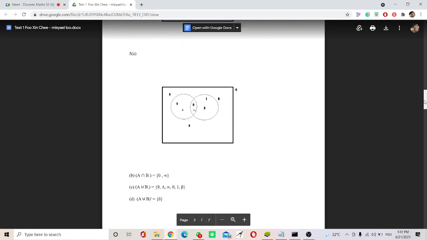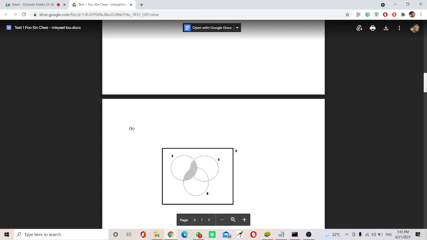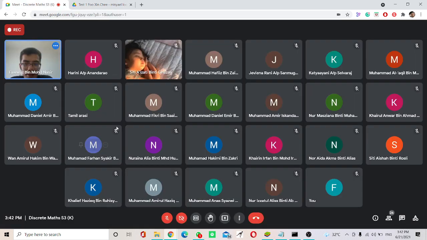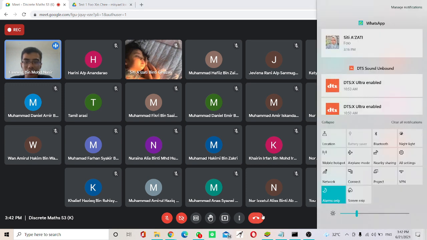Try to score case study tu, the remaining one, korang punya remaining assignment. So masih ada chance to get good grades. And final exam pun jangan lupa juga, study for that.